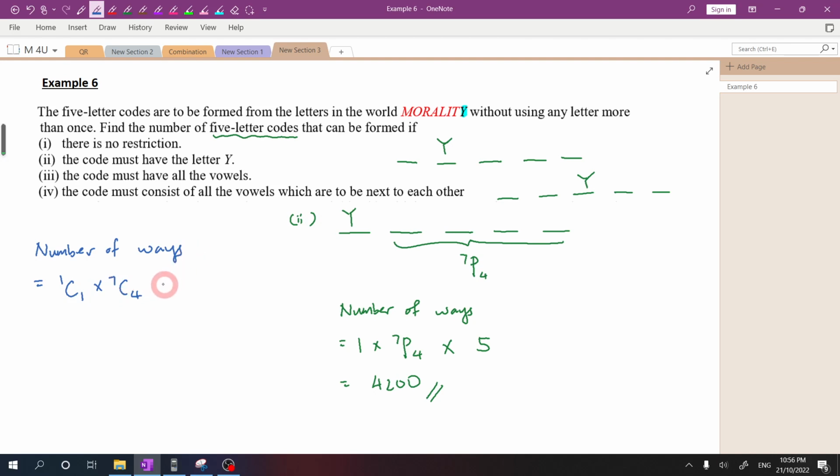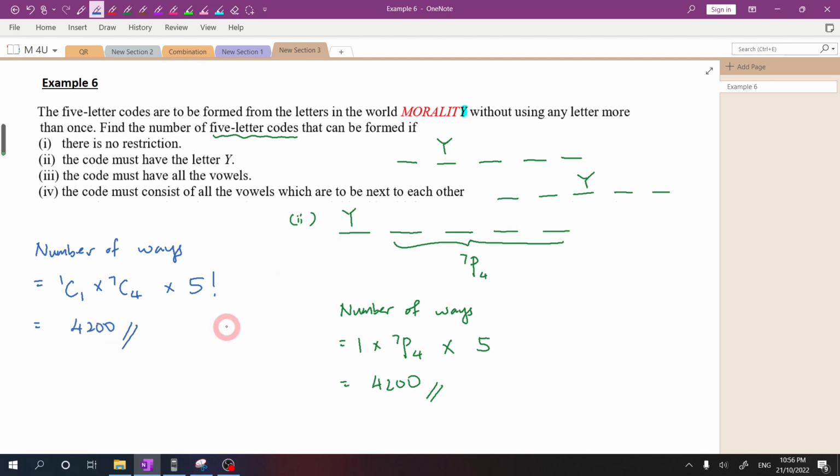And now I actually get how many groups I can form. But for every single group, how many arrangements are there? Since we have 5 letters, right? It will be 5 factorial. Okay, you try to press your calculator, you will get exactly the same answer. 4200.